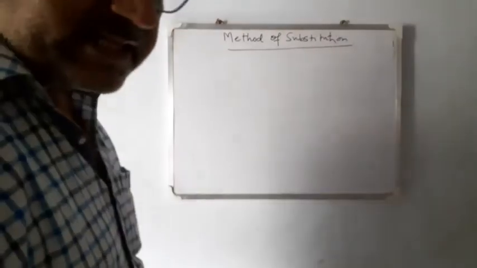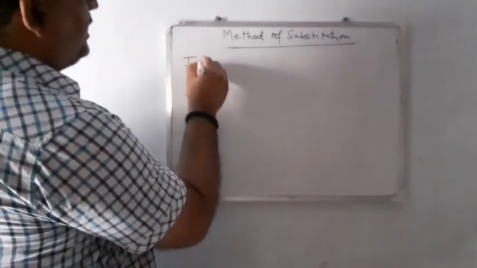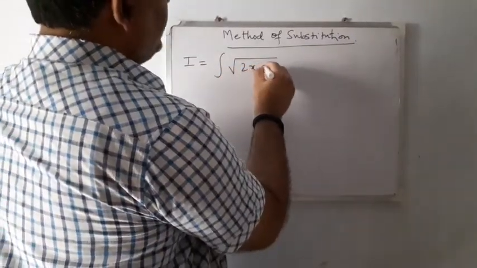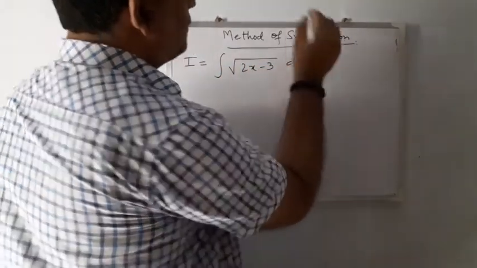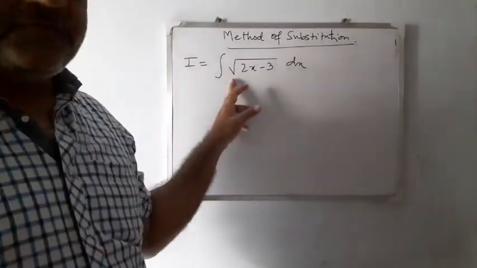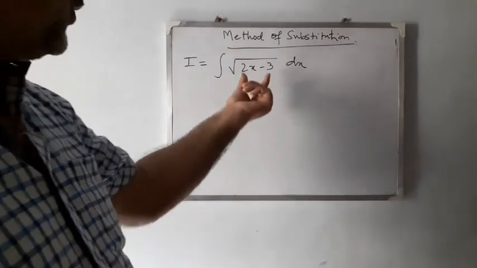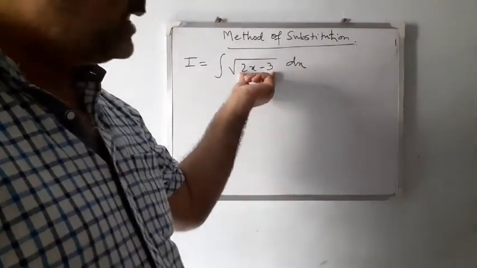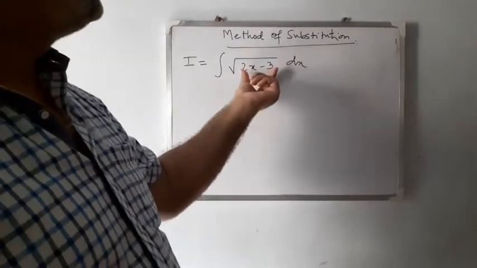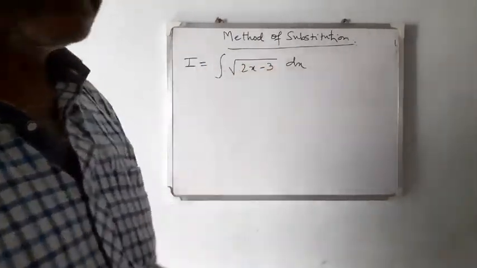Let us take a few more problems and try to solve them very quickly. I = integral of root(2x - 3) dx. Boys, remember, whenever a radical sign appears, if it is a root, try to take the quantity under the radical sign as z square. If you assume it as z square, the root disappears.